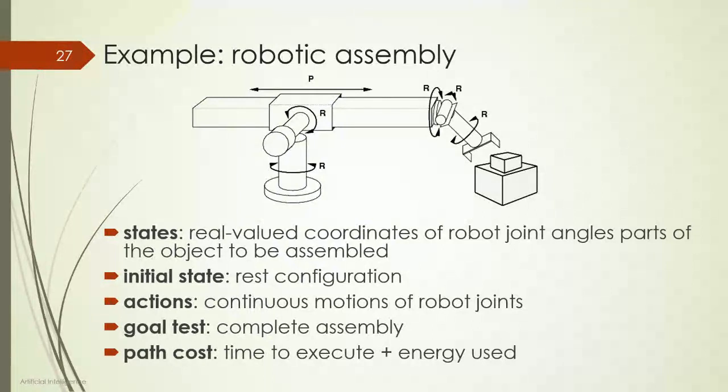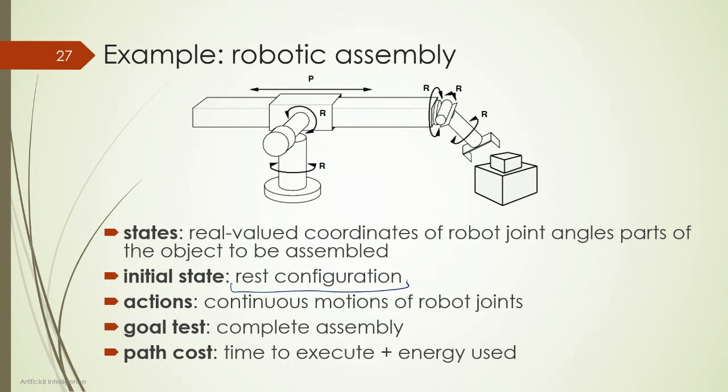Robot assembly, for example, I have it here. The state is the real-valued coordinates of the robot joint angles, parts of the joints, and the object to be assembled. Actually, you can define a state. It's a large state space, but still definable. The initial state is the rest configuration: the robot is in the home position.